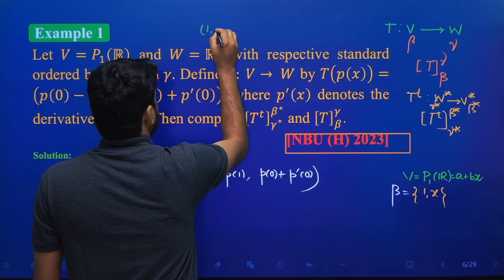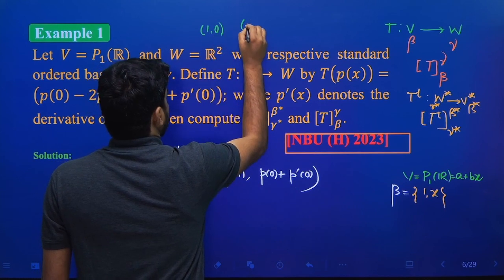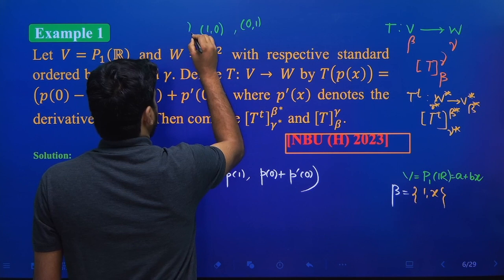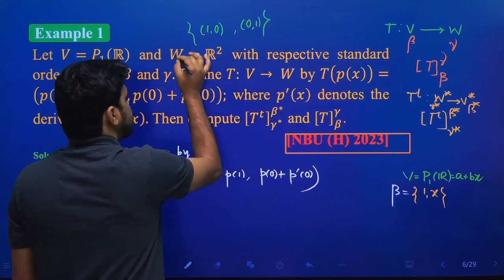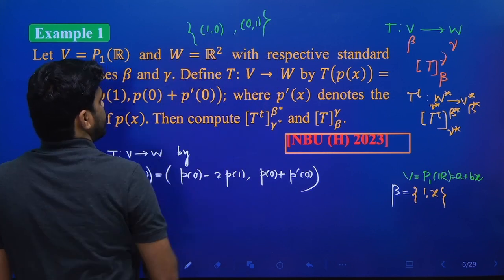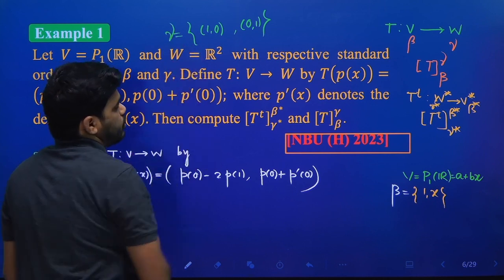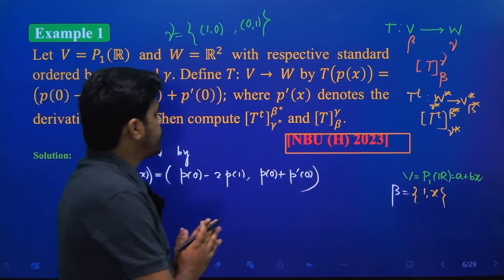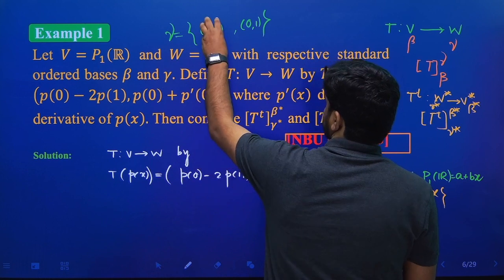That is (1,0), (0,1). This is the standard basis for R2, right? So here this is gamma. Okay, ठीक, standard basis for R2 is (1,0), (0,1).